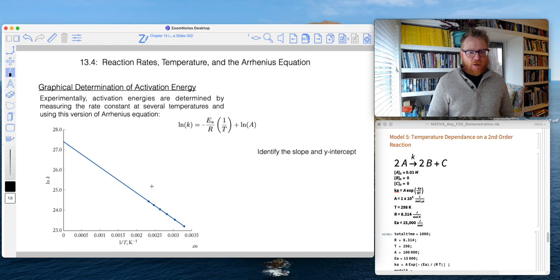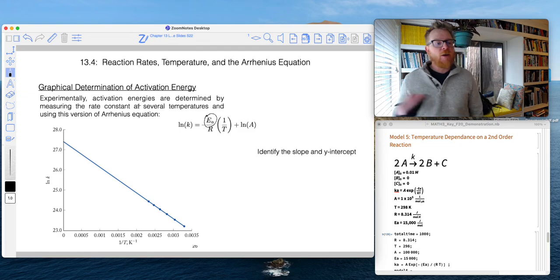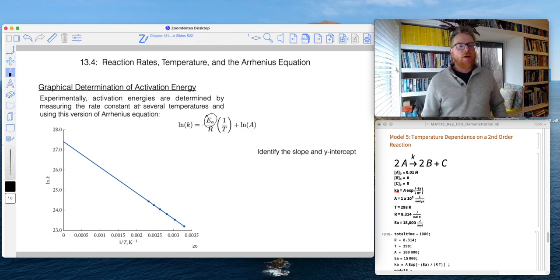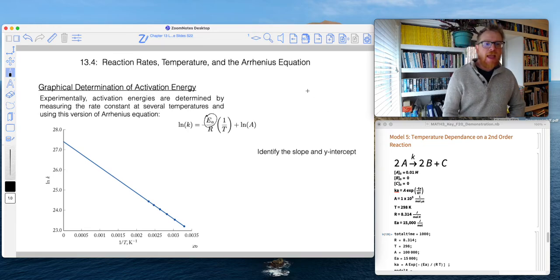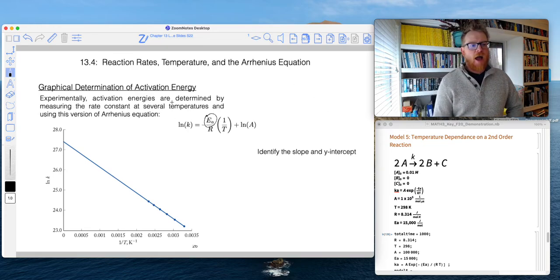The last thing that I'll describe in my slides is the graphical determination of activation energy. We can determine activation energy experimentally, which you often have to do because it's really hard to do theoretically. You can do this by measuring the rate constant at several different temperatures and using this version of the Arrhenius equation.